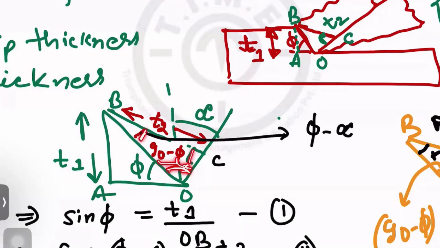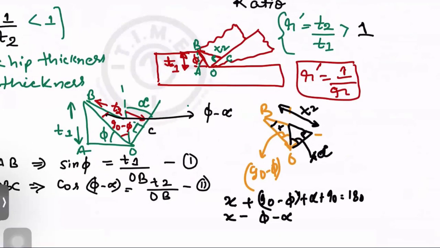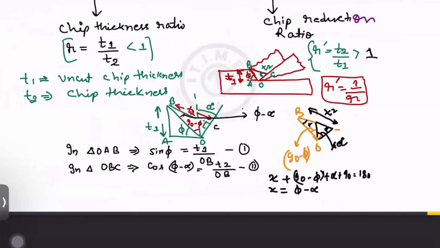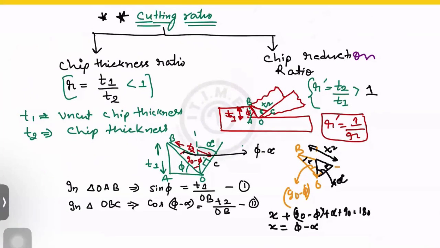By using the property of a triangle, in triangle OBC, this angle plus this angle plus this angle is equal to 180. I have assumed this angle as x: 90 minus phi plus alpha plus 90 is equal to 180. Once you solve, you get x equal to phi minus alpha. So this angle is phi minus alpha.